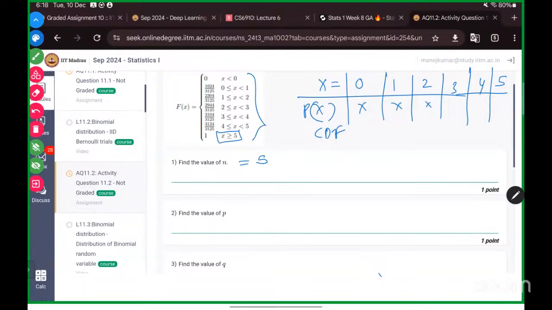How are we going to find the probability p? For that you have to take any of these. Generally you can take the first or last, which is easy.